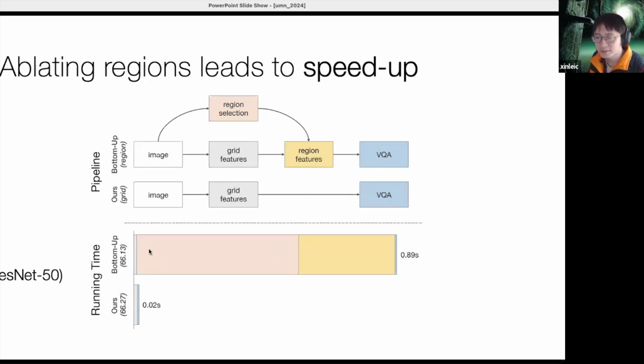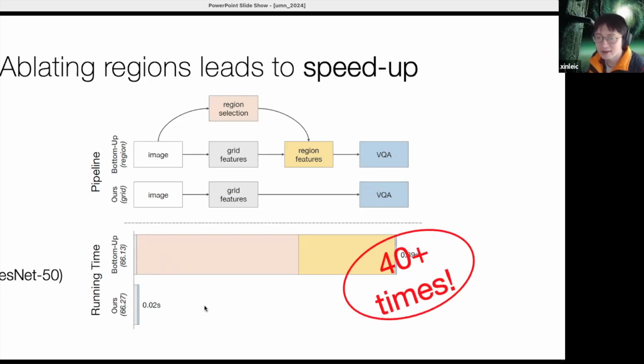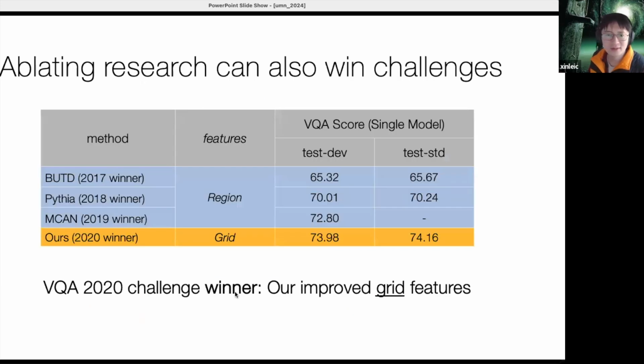So if you remove them, the speed to compute the feature drops from 0.89 seconds to 0.02 seconds. So this is like 40 times faster with a ResNet 50 backbone. And I also want to say that ablative research can also win challenges.